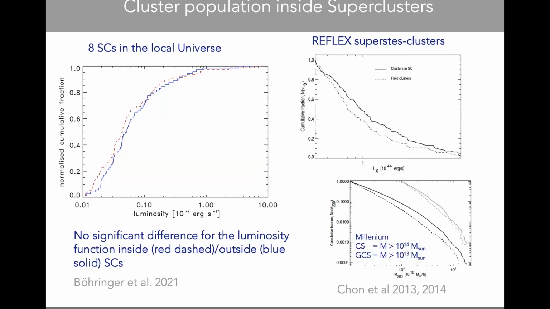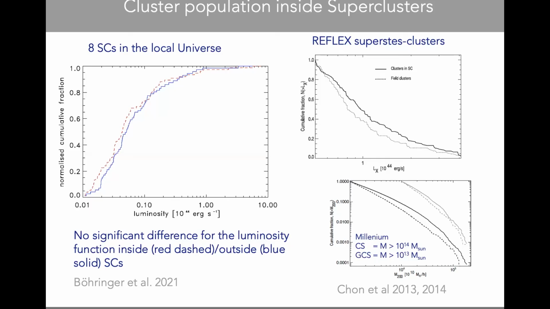She looked at higher overdensities, not overdensities of a factor of 2, but overdensities of a factor of 7. And she finds a big difference. So this is the cumulative fraction of clusters above a certain X-ray luminosity, and clusters in superclusters are more top-heavy than the field.